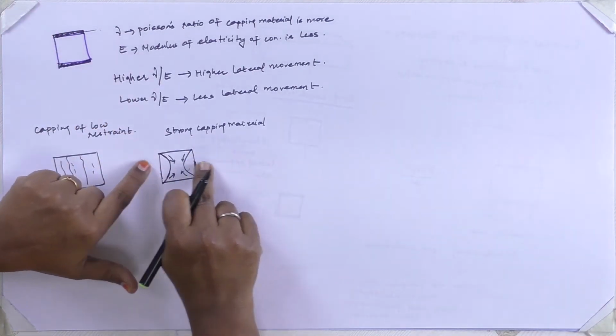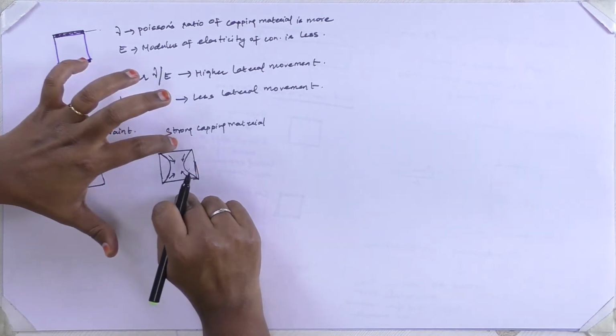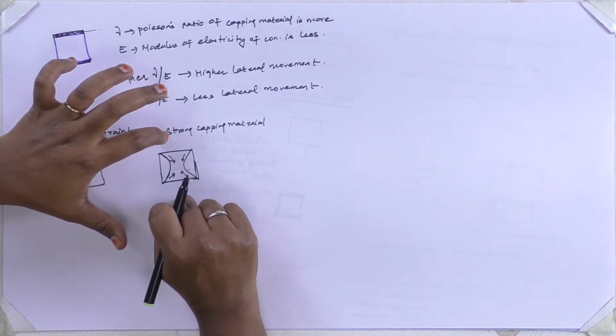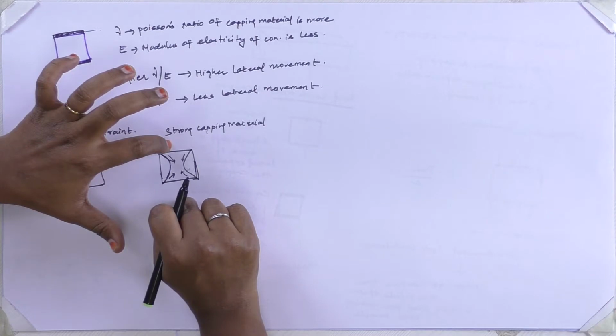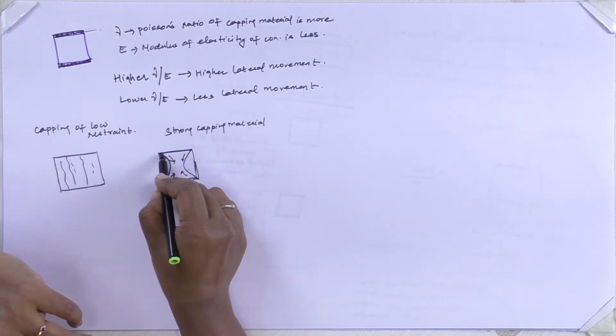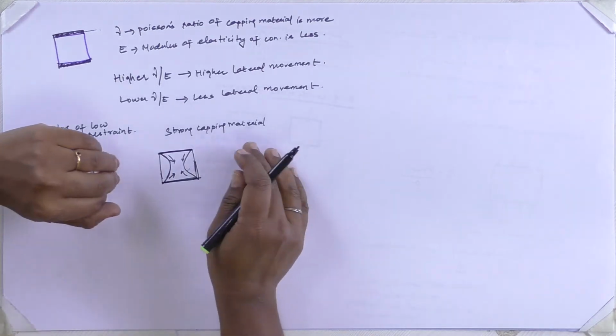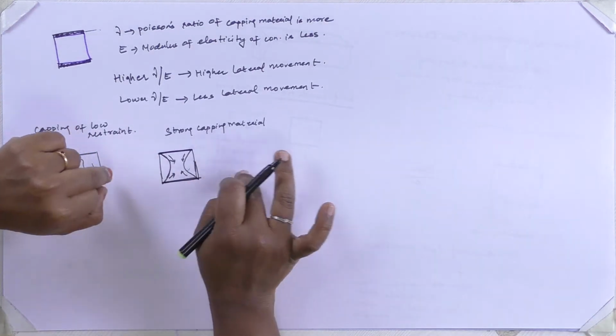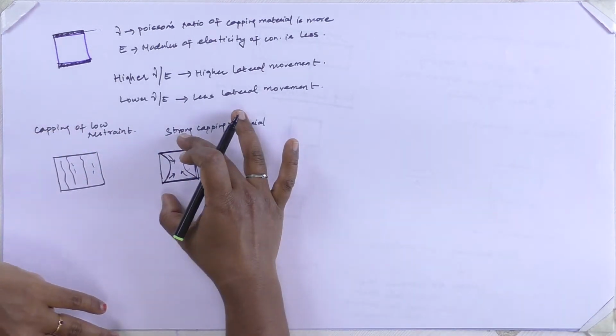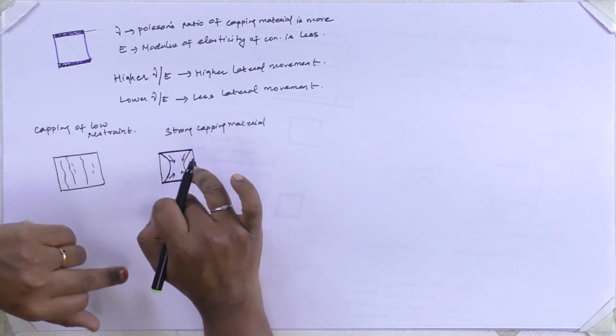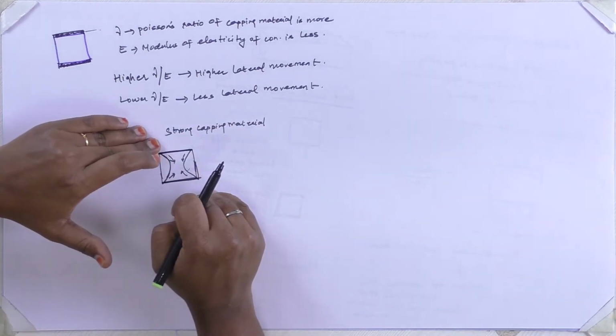That is, the concrete alone will be subjected to the loads and this capping material will be strong enough to resist the lateral movement. So I will get a failure pattern in this mechanism.